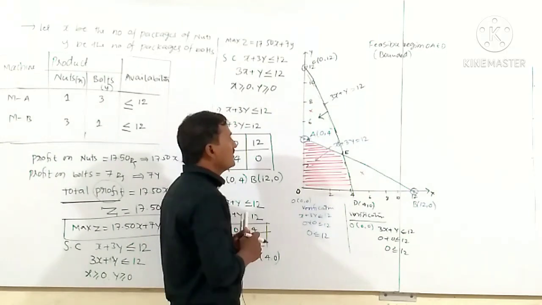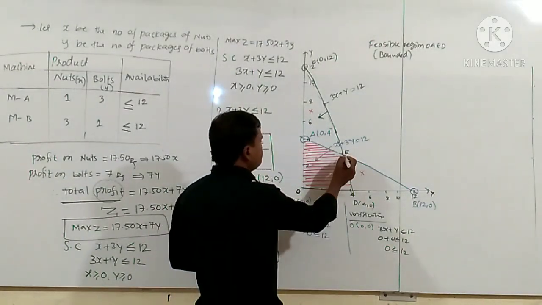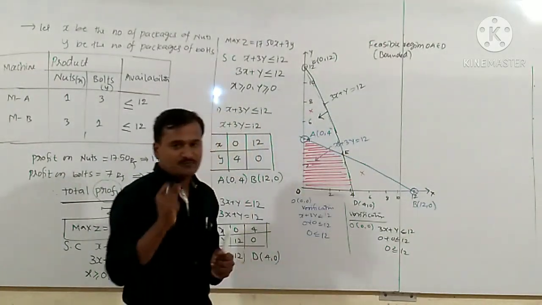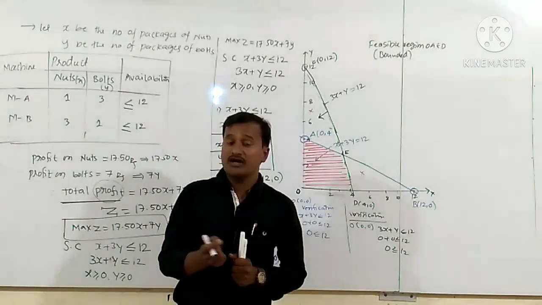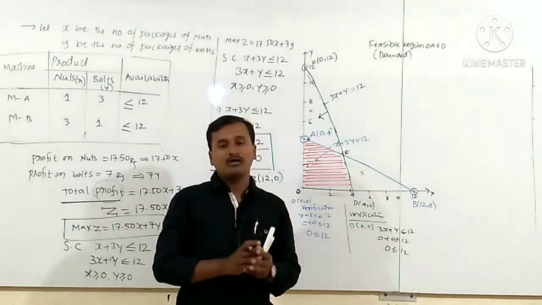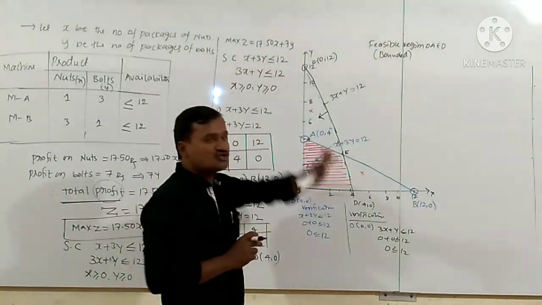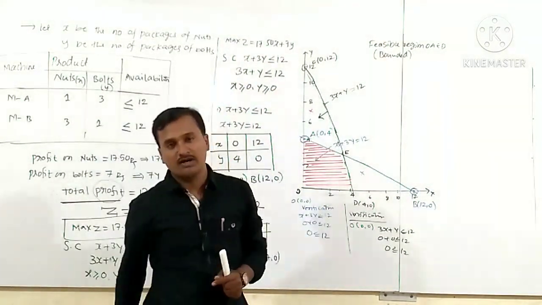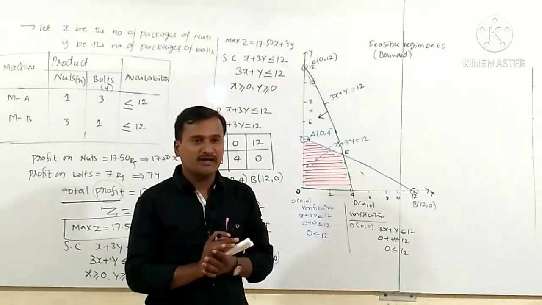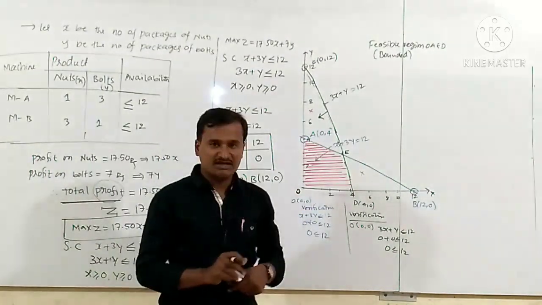If the feasible region is bounded or unbounded, the maximum or minimum value of the objective function must occur at a corner point. This is one theorem I will discuss in the next class.